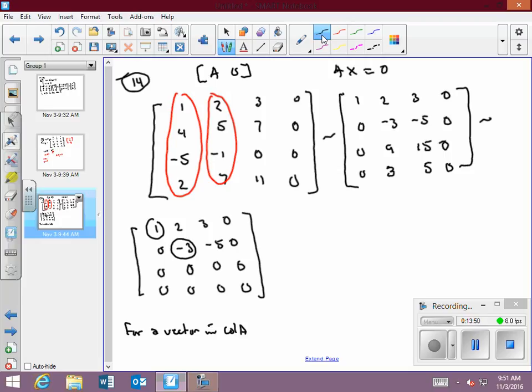Now then, we just go on, we got to get the null. So now I'm going to go 1, 2, 3, and I'm going to divide by, I guess I divide by -3. 1, and this is going to be 5/3, 0.